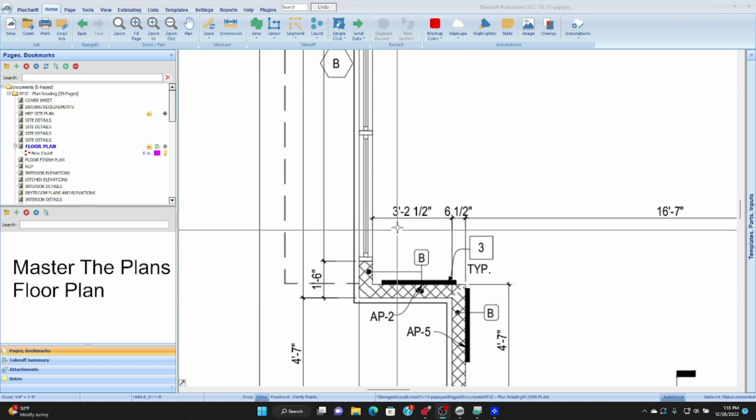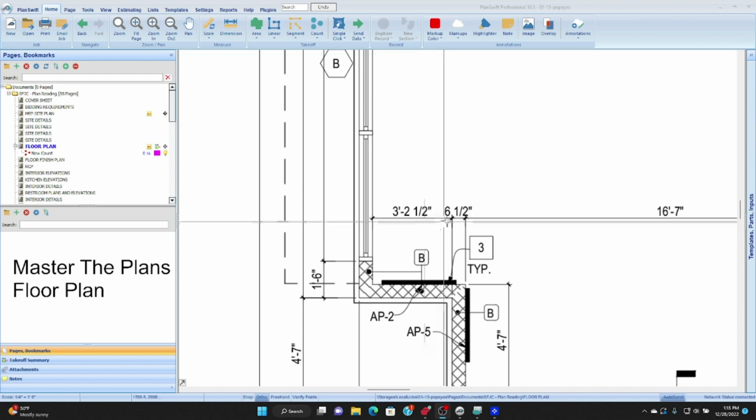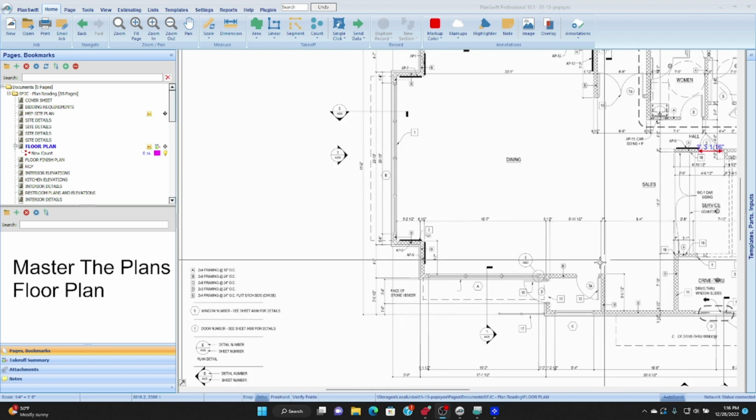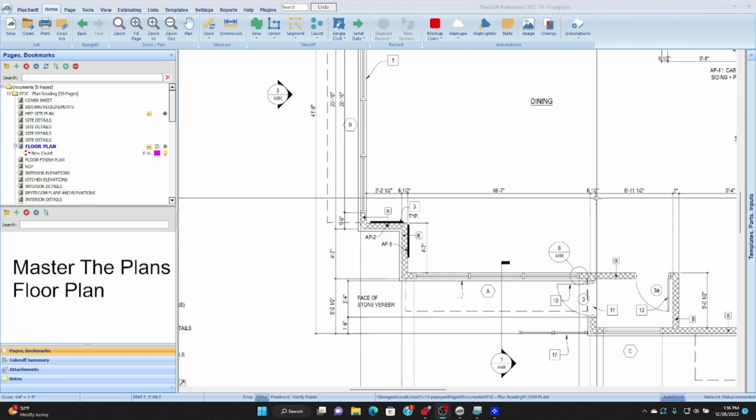And so if we know that this length from here to here is 3 feet, 2.5 inches, we can assume that the length of the wall from here to here is also 3 feet, 2.5 inches. And so on a good floor plan that has a lot of dimensions, you can use those dimensions.